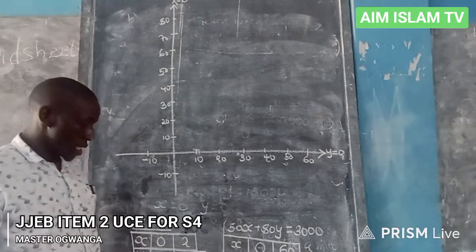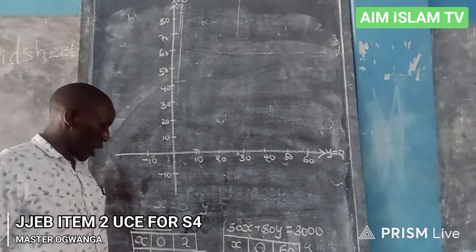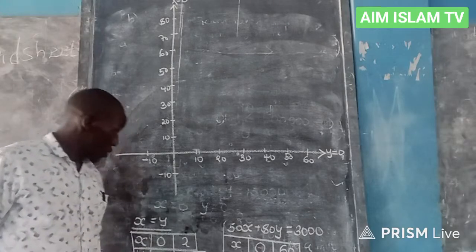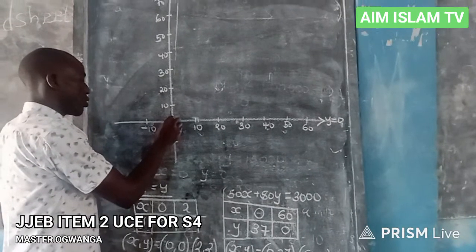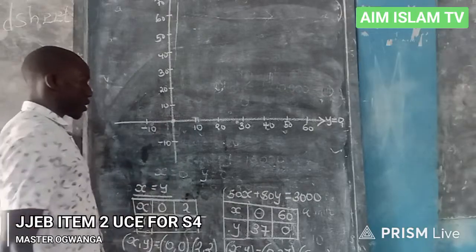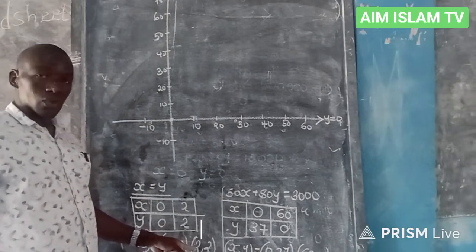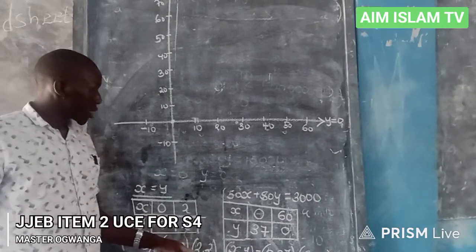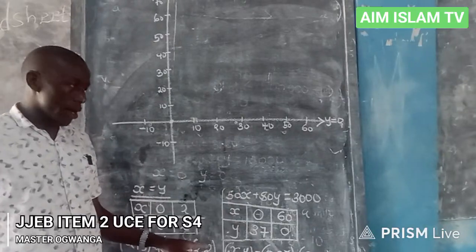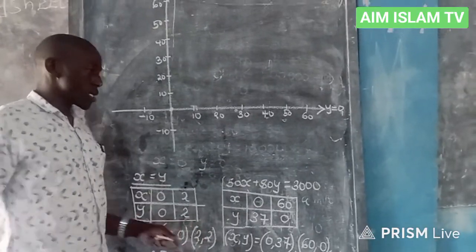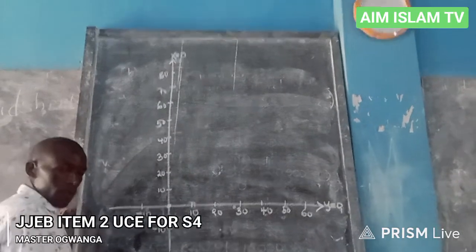The first line is x equals y, whereby x equals y was presented by the points 0, 0, and 2, 2. You know 0, 0 is the origin point. So if I'm going to plot this, we are going to have 0, 0 at this point. Then we also look at 2, 2, we are looking at 2 being on the x-axis and another 2 being on the y-axis. So this one here may be generated from my estimation.